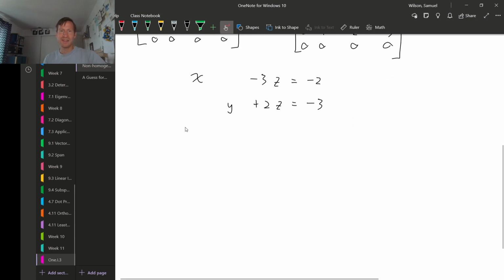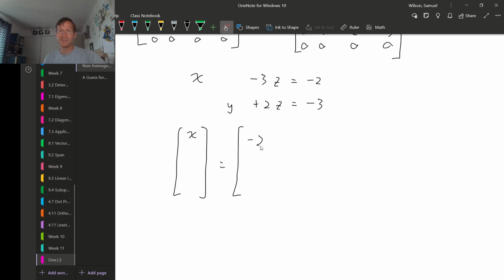So this means that x is, I'm going to jump straight to writing this vector style. So x is minus 2 plus 3z, y is minus 3 minus 2z, and z is free, so z is just z.